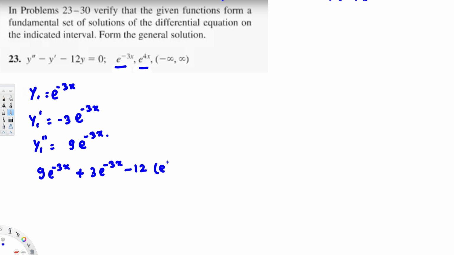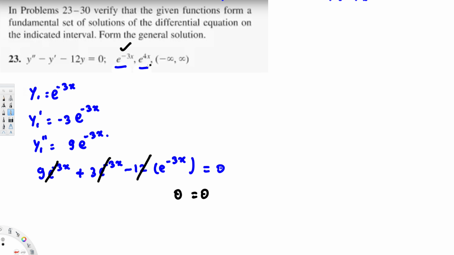That should be equal to 0. Now you can see 9 plus 3 gives positive 12 e power minus 3x. Here we have negative 12 e power minus 3x, so these cancel each other. We get 0 equal to 0, so this one is a solution.